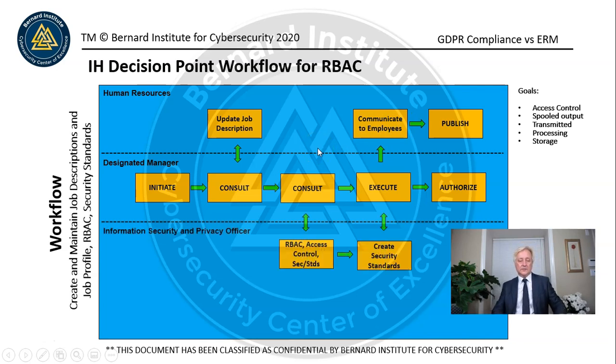The information security privacy officer, or the data protection officer, or the CISO, or the chief cybersecurity officer, whoever this person is that's responsible, needs to be consulted on the architecture of the security and the protection of personal information. The access control and security standards need to be reviewed with that person. And they also need to create any new standards that might need to be applied in this particular situation.